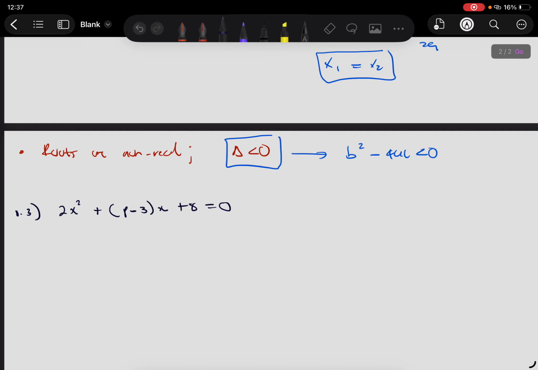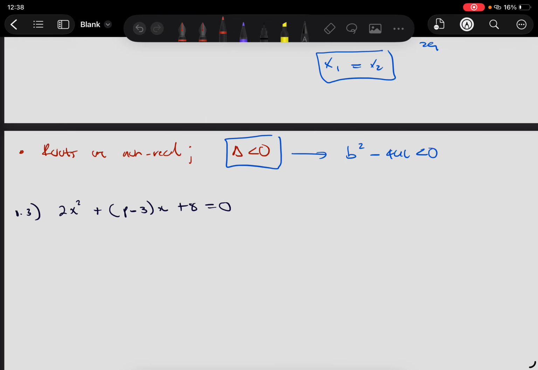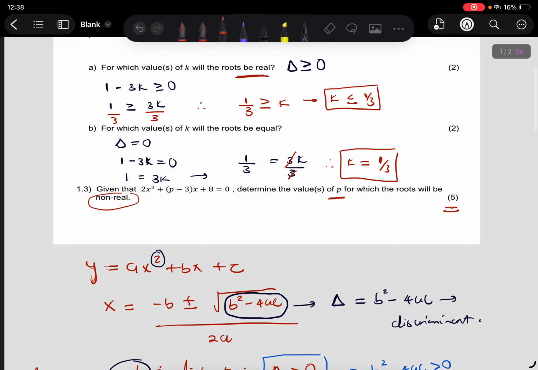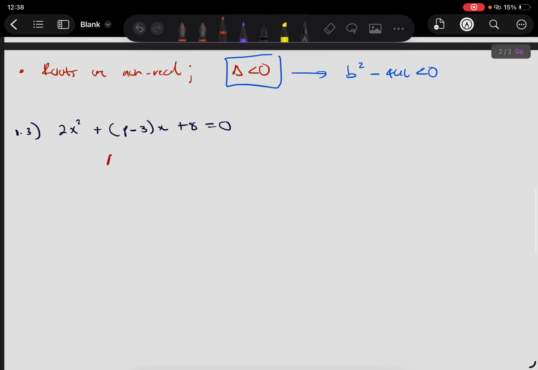This is our quadratic equation, so we need to find our own discriminant to be able to answer the question, which says for the values of p which the roots will be non-real. So we know the roots are non-real if the discriminant is negative. Roots non-real, the discriminant is negative.